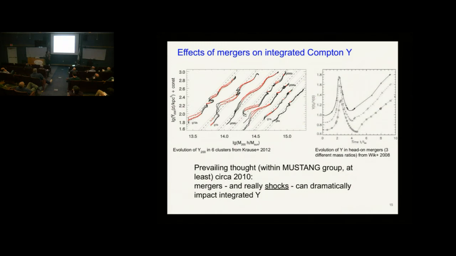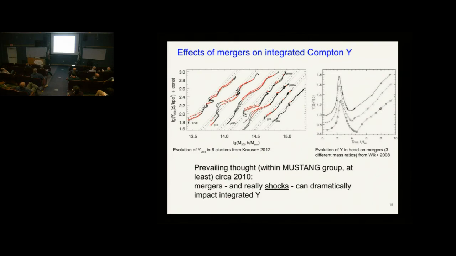Here are a couple of theory papers showing you basically the evolution of an integrated Y signal with time. On the right, it's integrated Y versus time on X. On the left, they've done integrated Y versus M, and they're showing you an expected YM relation evolution in the dotted line, and the solid lines trace the evolution through numerical simulations.